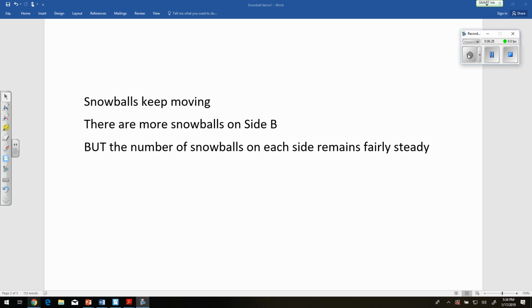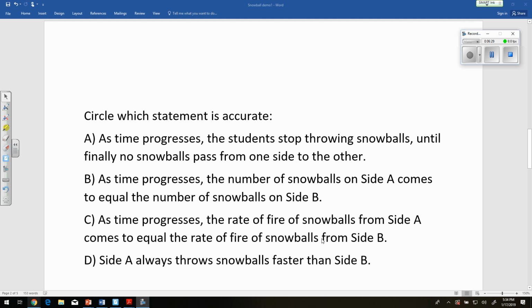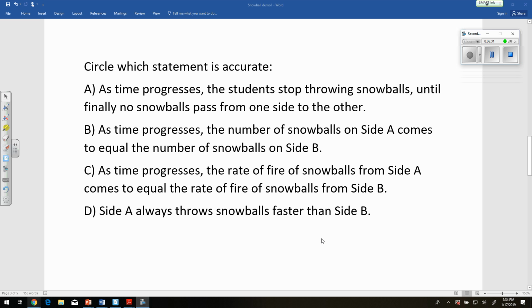So I'm going to ask you guys a question. Circle which of these statements is accurate. You're going to answer this question on your worksheet. A. As time progresses, the students stop throwing snowballs until finally no snowballs pass from one side to the other.